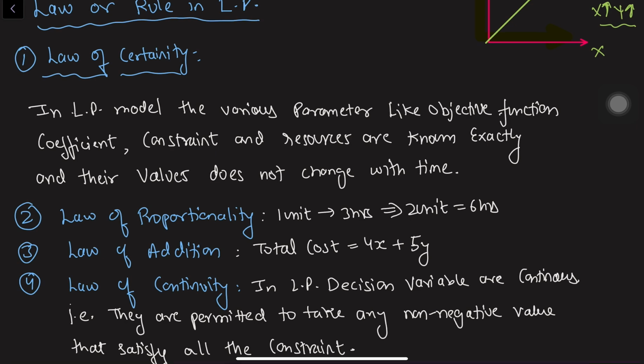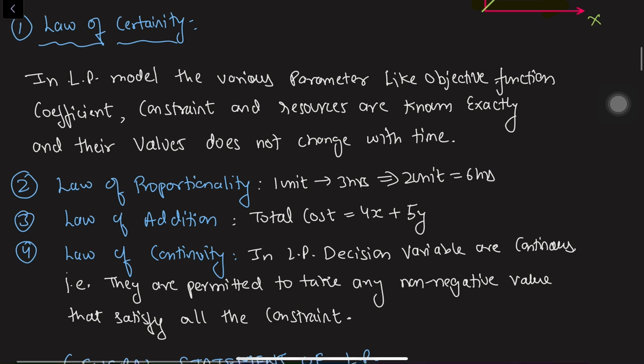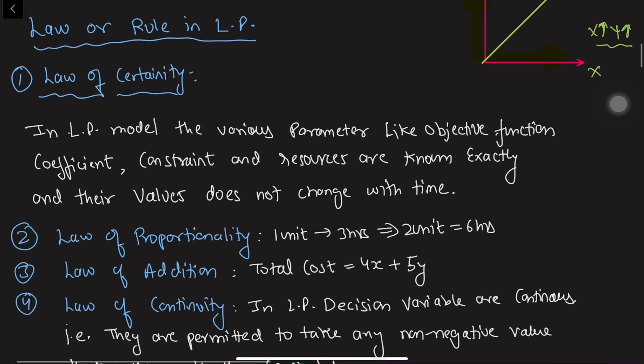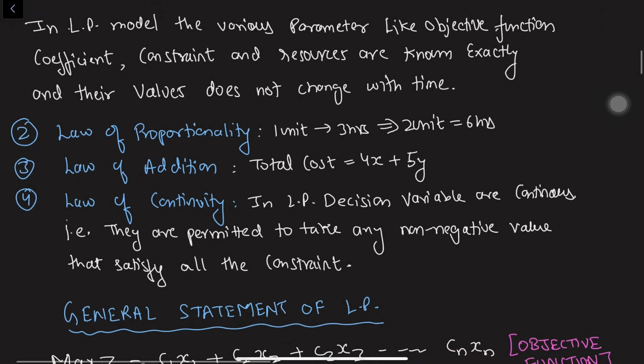That is the law of certainty, that whatever resources we have are constant and do not change with time. Second thing is the law of proportionality. For example, if my 1 unit takes 3 hours to manufacture, my 2 units will take 6 hours. This is the law of proportionality which we have to follow while solving a problem in linear programming.